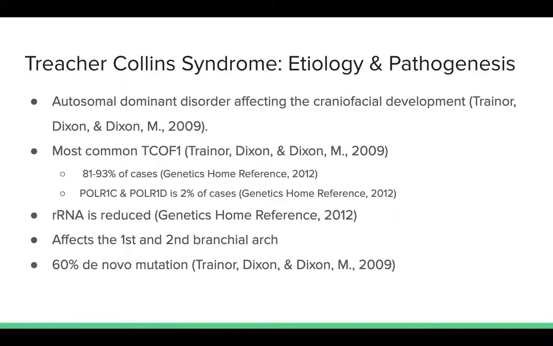This gene accounts for about 81 to 93% of the cases that are seen, with about 2% of cases being from a gene mutation called POLR1C and POLR1D.